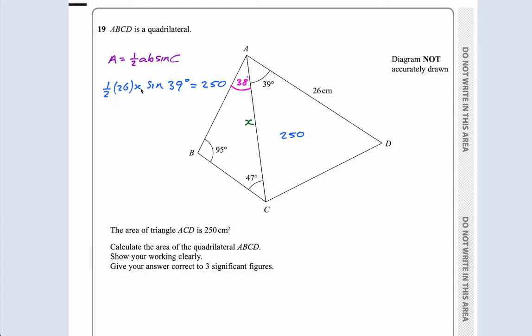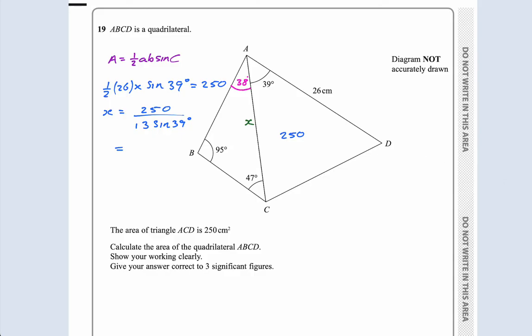So guys, that x is not a times sign, that's actually an x. So I can say x is equal to 250 divided by, I'm going to skip a step here, guys, 26 times a half is 13. So 13 sine 39. So I'm dividing by this and this.